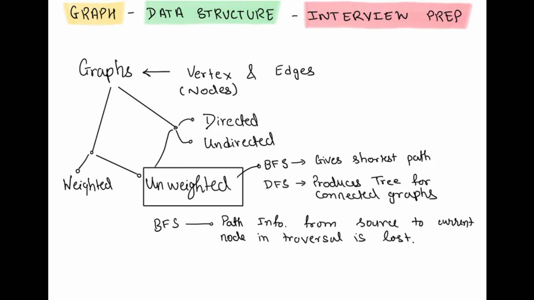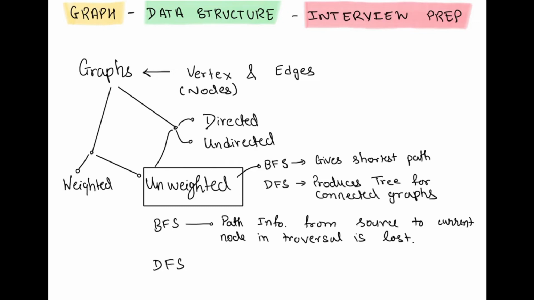So basically, you cannot track what was the exact path which was used to reach this current node from the source. So if you are solving a question in which traversing the nodes is important and it doesn't matter from what path you are reaching the nodes from the source, what the exact path is that you follow to reach the current node, you don't care, you can use breadth first search.